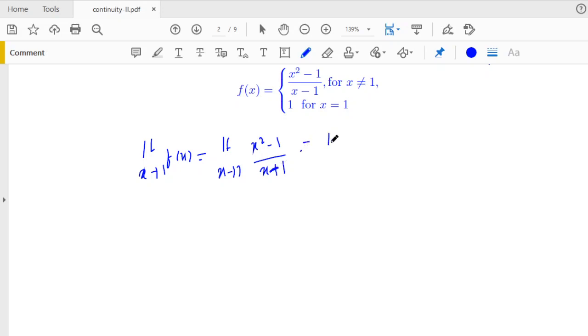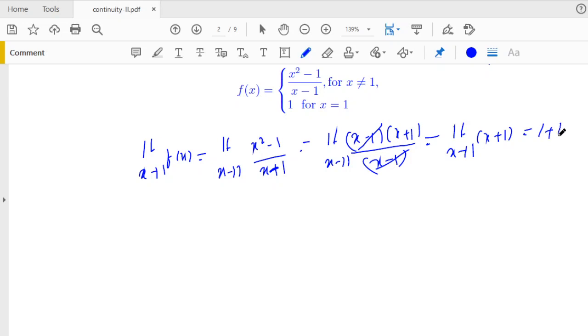Using a square minus b square equal to (a minus b)(a plus b), this is (x minus 1)(x plus 1) divided by (x minus 1). The (x minus 1) cancels. Therefore, limit x goes to 1 of (x plus 1).